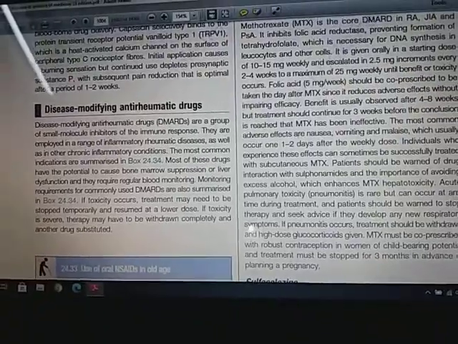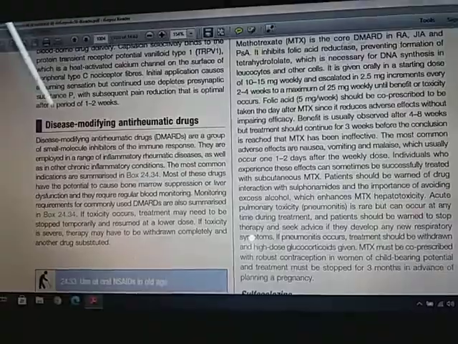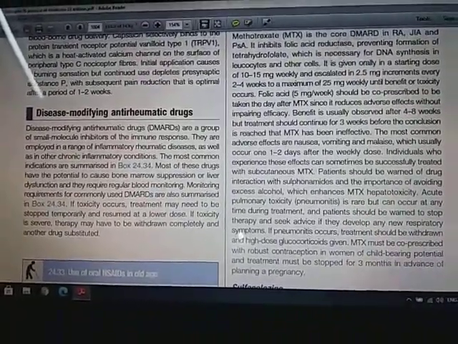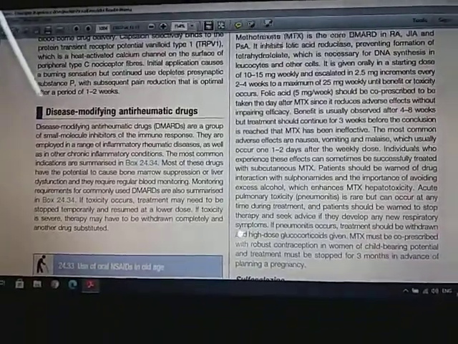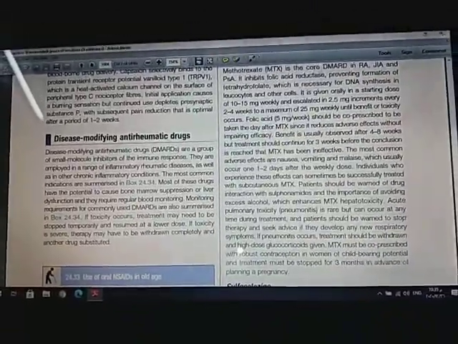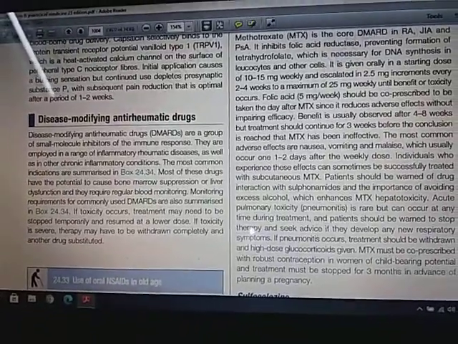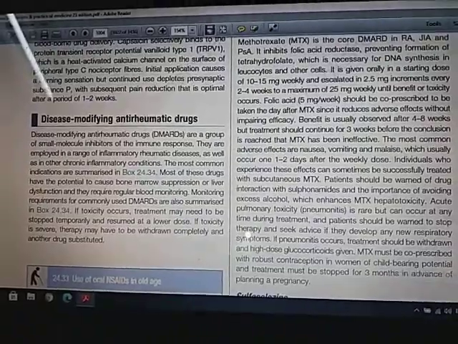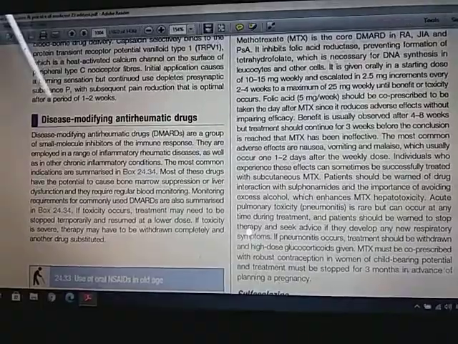Disease-modifying antirheumatic drugs are not analgesic drugs. So non-steroidals should be co-prescribed with disease-modifying drugs to start with. They are more toxic than non-steroidals, so should be used only when the diagnosis is solid, not for probable cases.